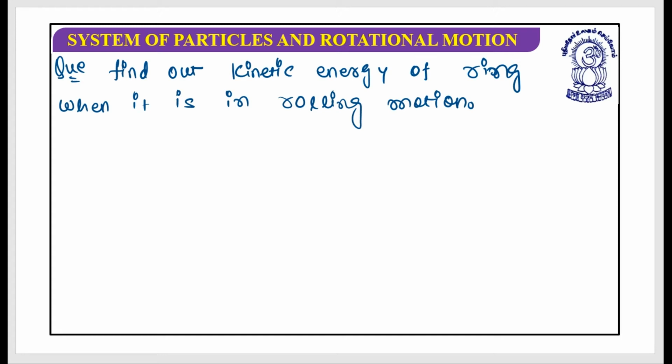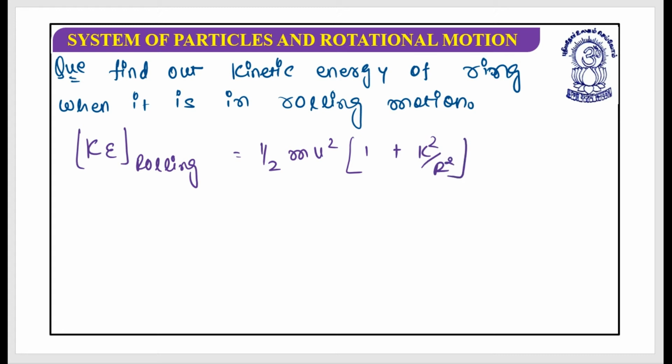So the kinetic energy of the rolling body should be equal to half mv square into bracket 1 plus k square by r square.